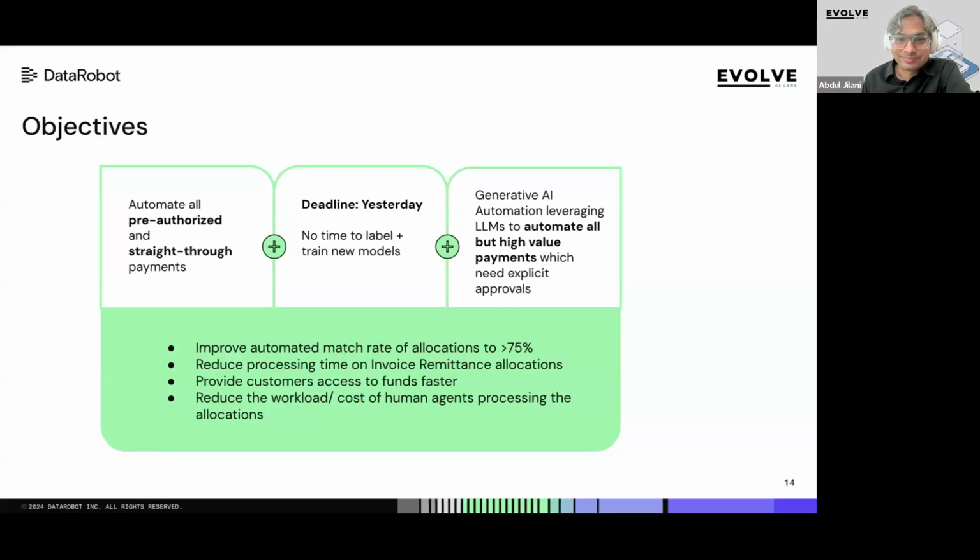I like the point you made here on the fact that there is no time to train and label. Before, the machine learning approach would require you to label the data. So you are trying to address a cost-intensive task by asking for another very intensive task, and then you saw generative AI being a great tool here because you have that zero-shot learning.